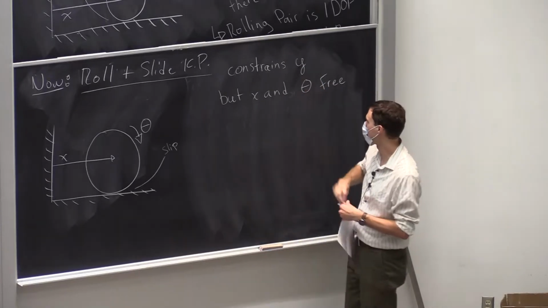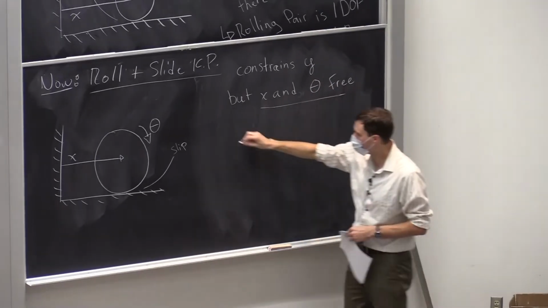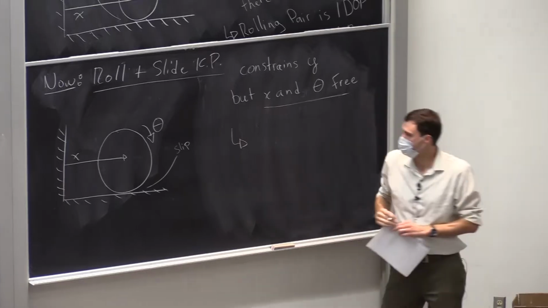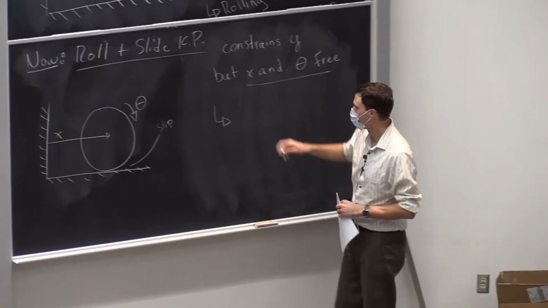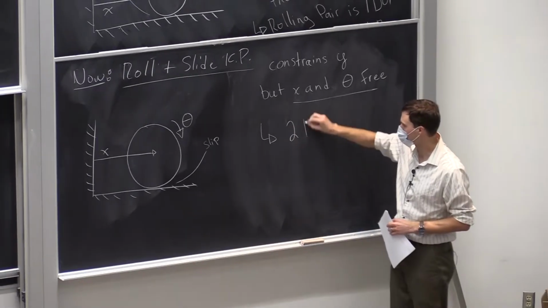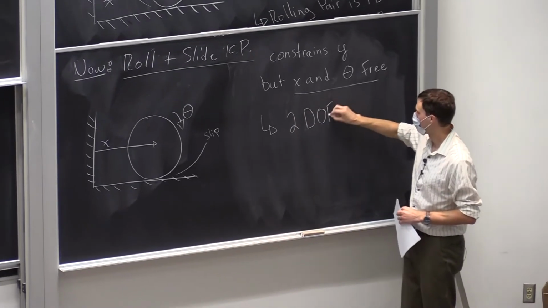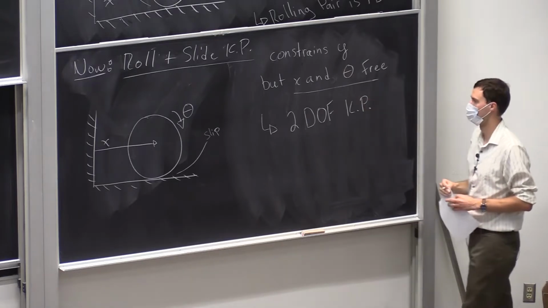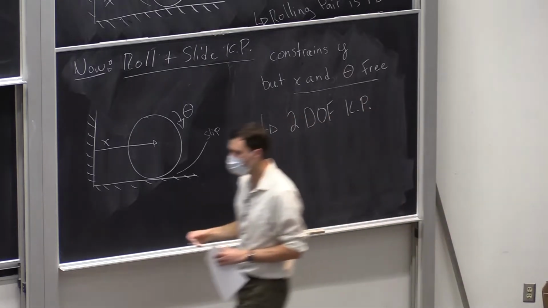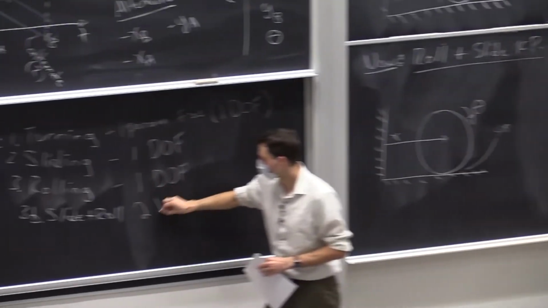But that's violated here. X and theta are free. So this one, the motion is more complicated, but I think our conclusion is simpler. This means there's 2 free degrees of freedom. So this roll plus slide kinematic pair is a 2 degree of freedom kinematic pair.